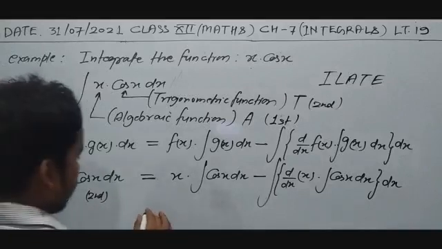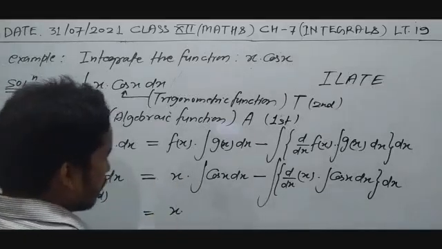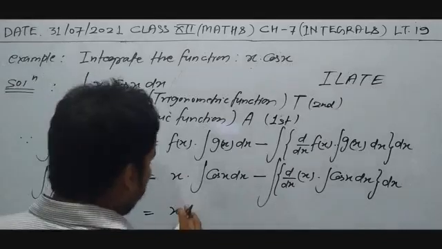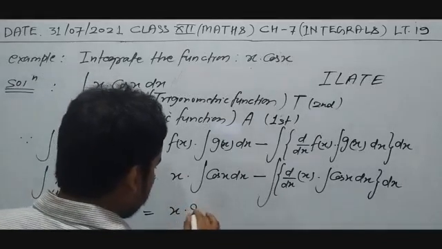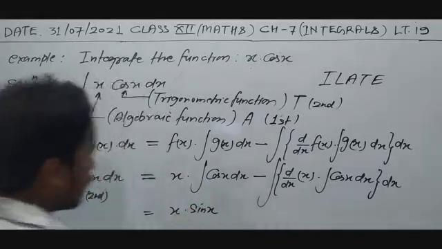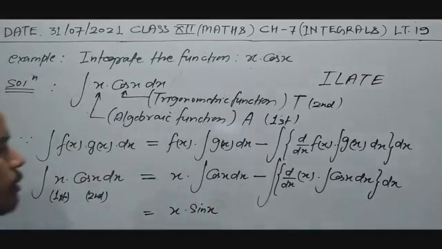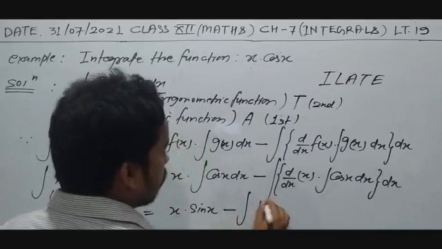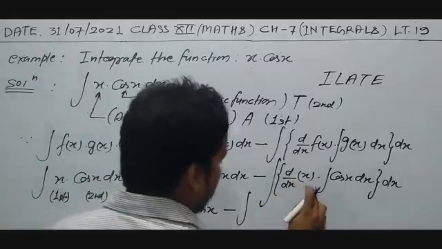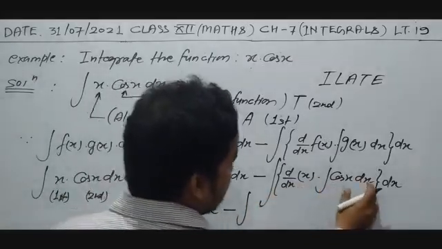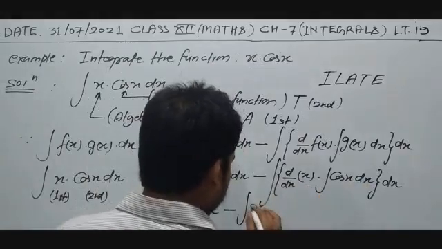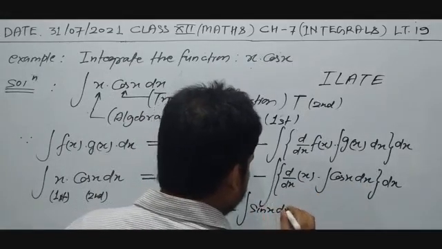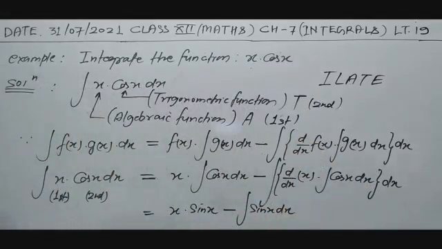Now the result: x times integration of cos x, you know, that is sin x, minus integration over d by dx of x, that is 1, and the cos x integration result is sin x. So integration over sin x dx.